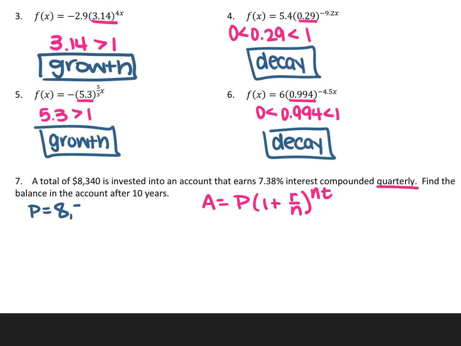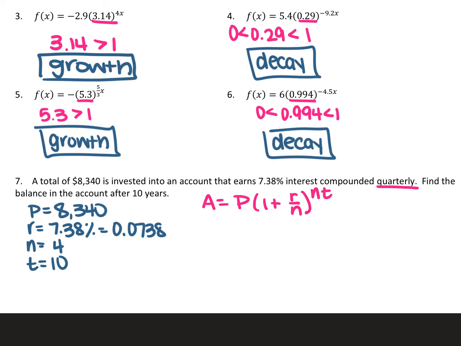That's that 8,340. Your R is your rate as a decimal. So that's the 7.38%. Turn it into a decimal, and it's 0.0738. Your N is the amount of times it's compounded. It's quarterly, so that means it's 4. And your time, T, is after 10 years.